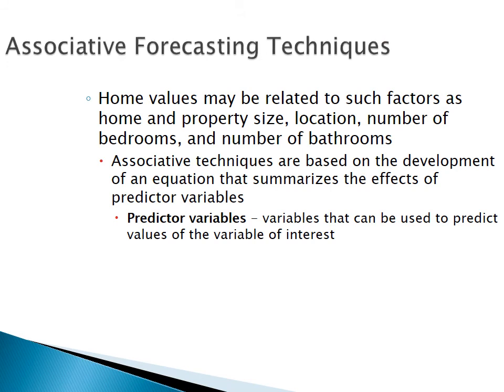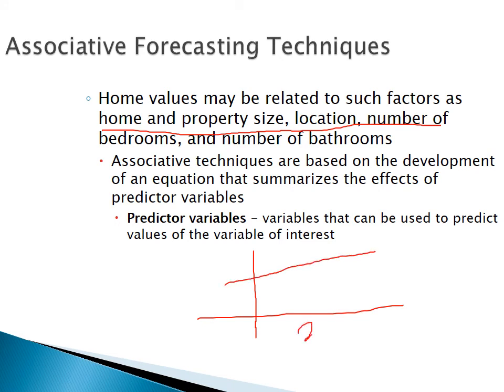Associative forecasting technique: the home value can be a factor of home and property size and the location and so on. So the associative forecasting says that demand depends on a number of associated factors.